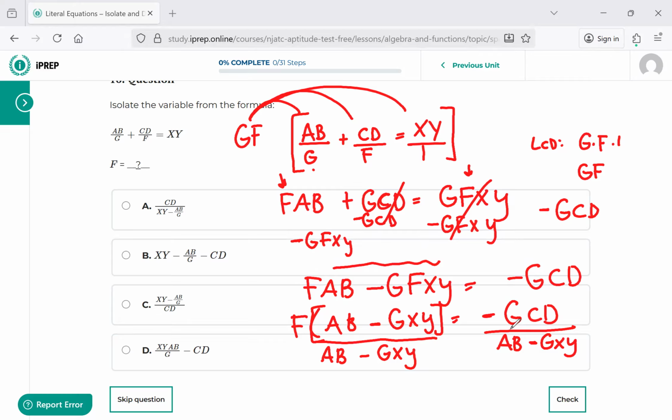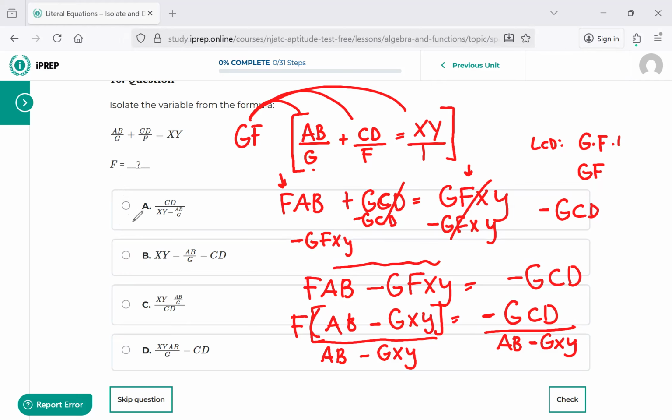Oh, let's see. Oh, this is really difficult one. I can't believe they would put this on the exam.